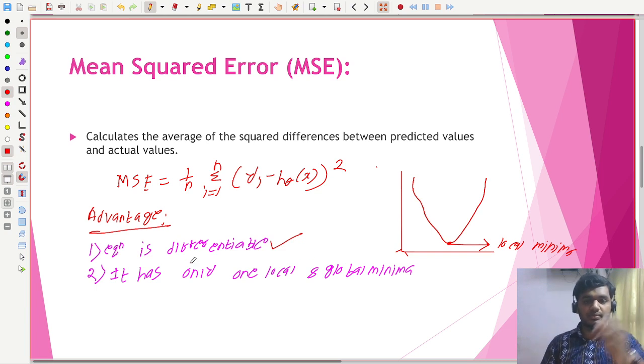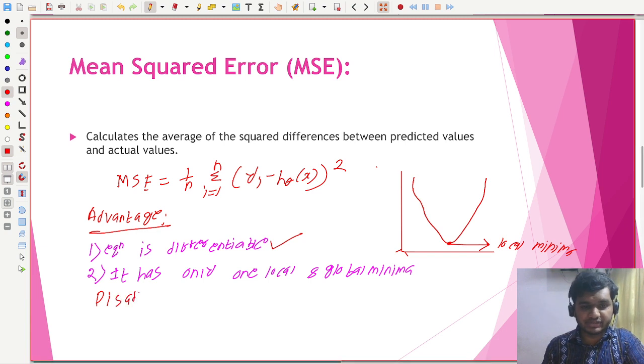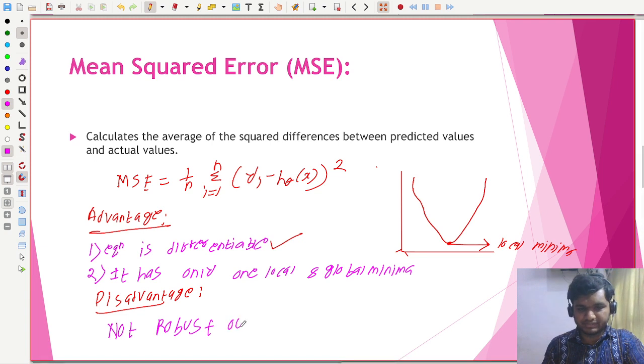Some disadvantage is there, so that disadvantage is not robust to outlier, not robust to outlier.